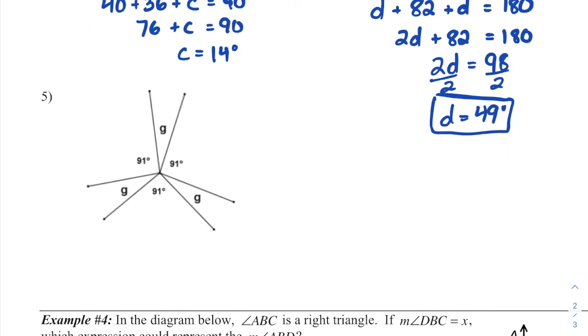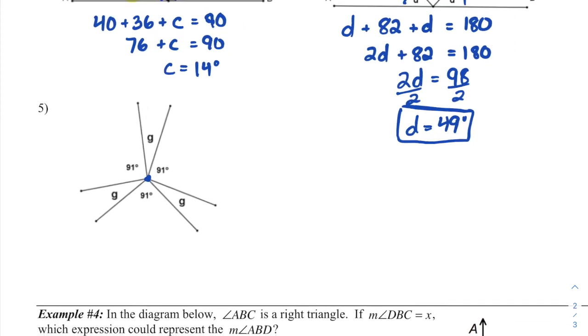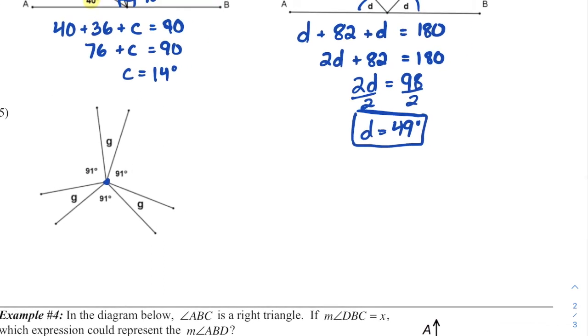And then the last one. It looks like we have a point here, and they give us all the angles, whether it's a variable or an actual angle measurement, which means we could add up all these angles around this point and set it to 360 degrees.